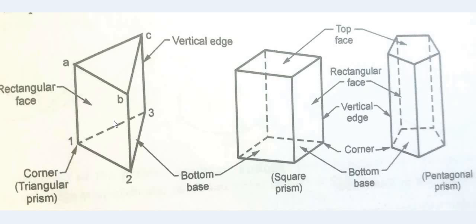As you can observe here, prism is a solid having identical upper base and lower base. These two bases, in this case upper triangle and lower triangle, are identical to each other in every term, dimension wise and look wise, and the corners of these bases are joined with these longer edges.